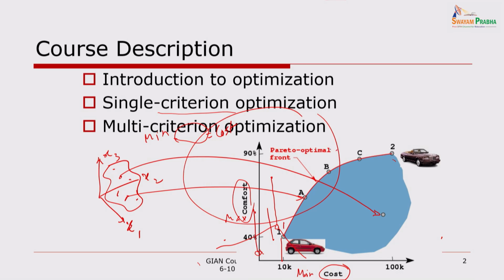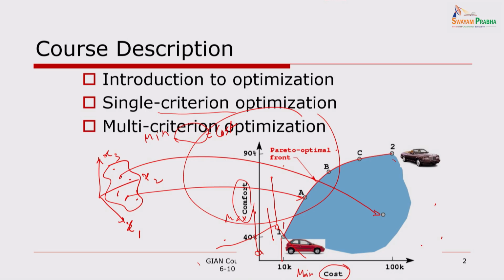There is no point here or anywhere in the white space. So that's the bounded space you have in the objective space, and all of these x values are mapping there. Which one constitutes the minima for multi-criteria optimization?